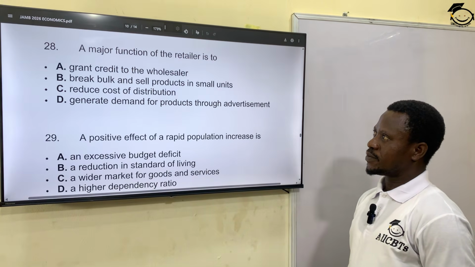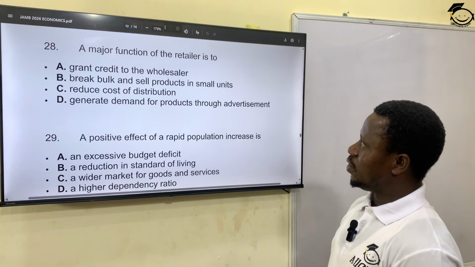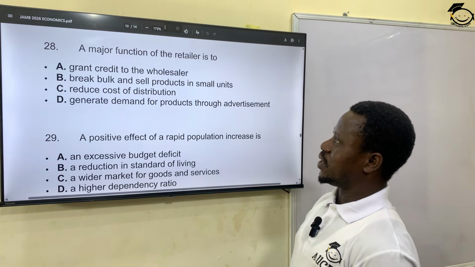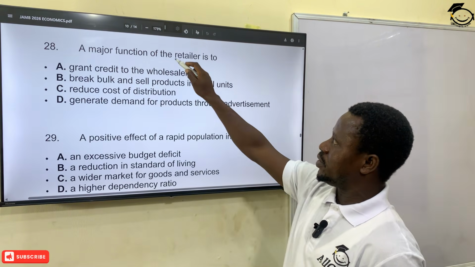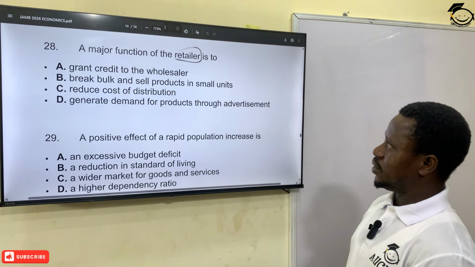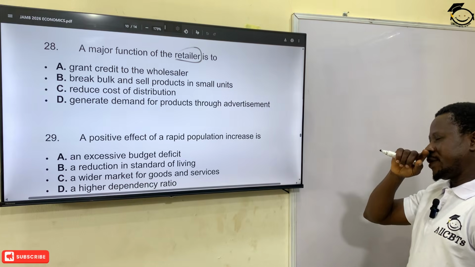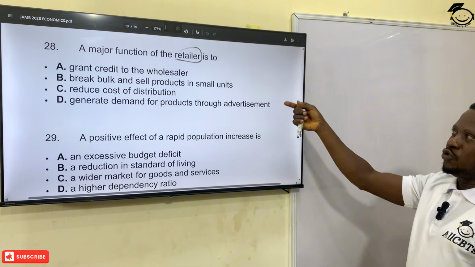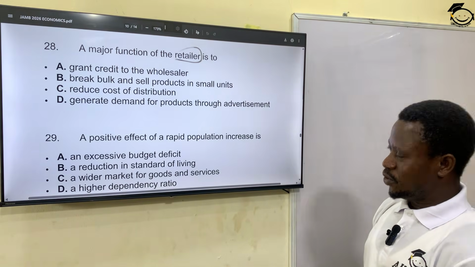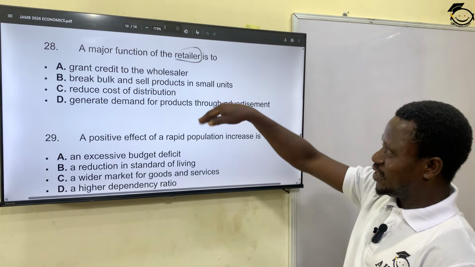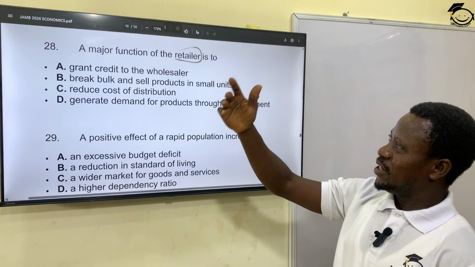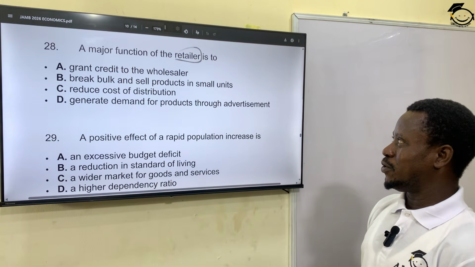Let's see. A major function of the retailer is to, you can see, this is similar to the one we just answered. I just explained the retailer to you. A retailer is part of the middlemen. A, grant credit to the wholesaler. Most of the time, even the opposite happens. The retailers used to buy on credit from the wholesaler.